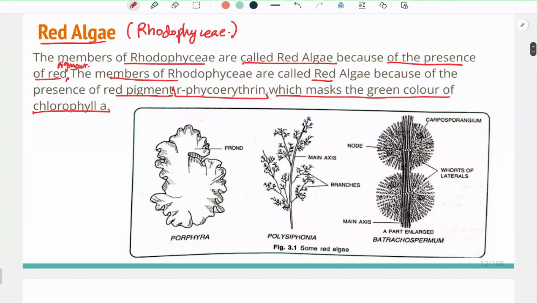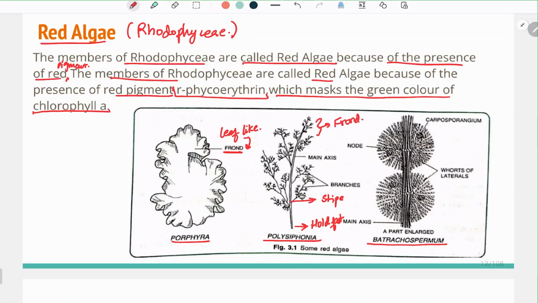There are some of the red algae in this image. We see Porphyra, Polysiphonia, and Batrachospermum. In Porphyra, we see a frond, a leaf-like structure. In Polysiphonia, there is a root-like structure, called the holdfast, then a stem-like axis, and leaf-like frond structures.